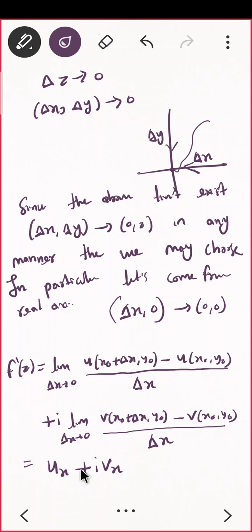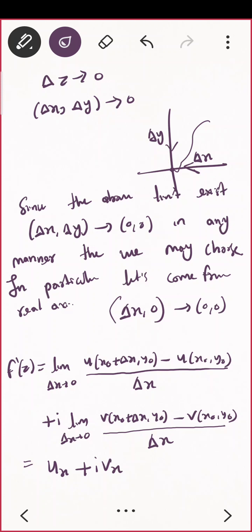That means now, if you have a function that is given as u plus iv, you can directly write the derivatives, correct? In earlier cases I told you, when my function is completely in terms of z, I treat it as a real number system and do the derivative as we were doing there.